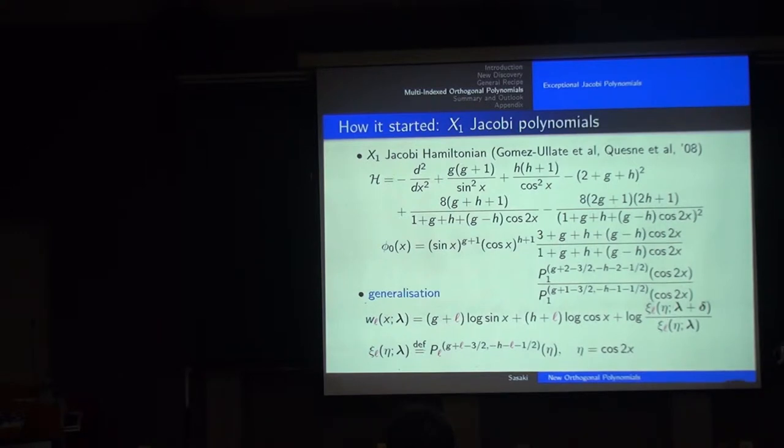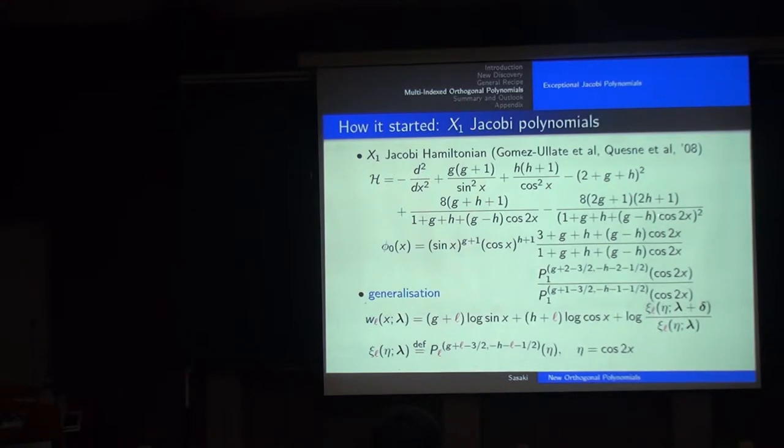So their starting point is that plus some additional thing, 1 over cosine 2x and 1 over cosine 2x squared. This is the form, in slightly different notation, that Kim wrote down in 2008.